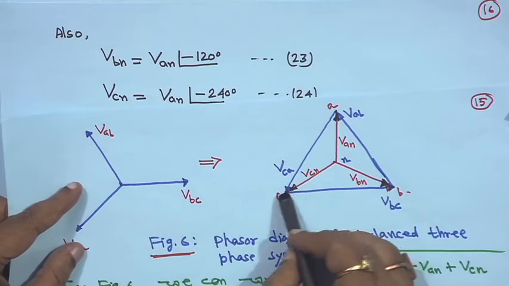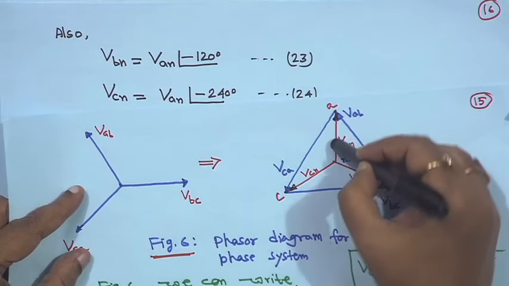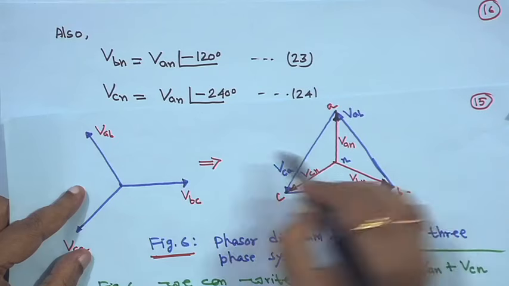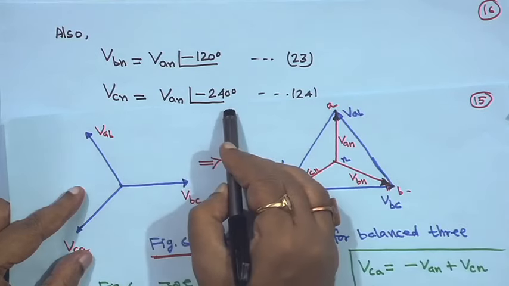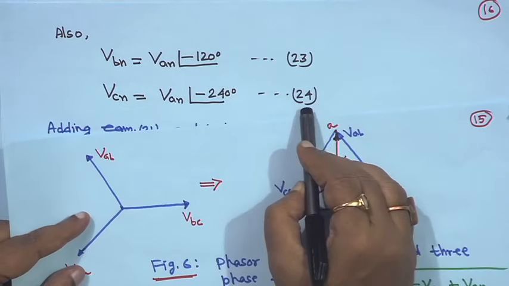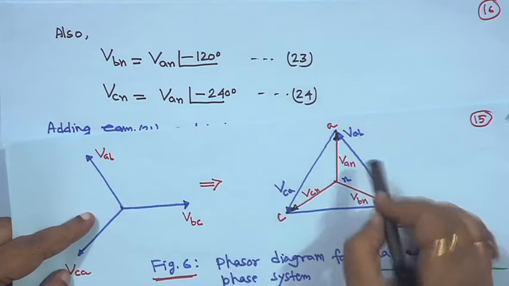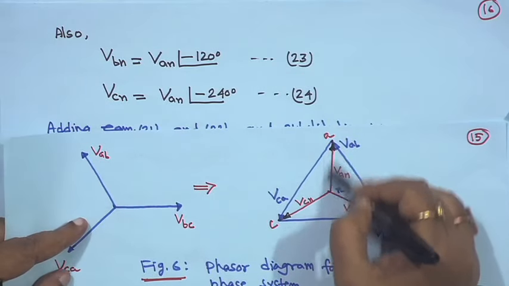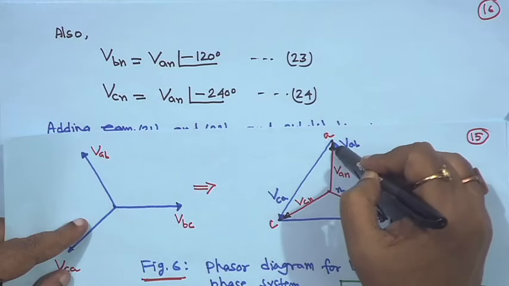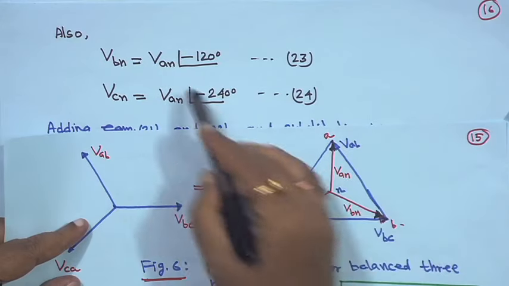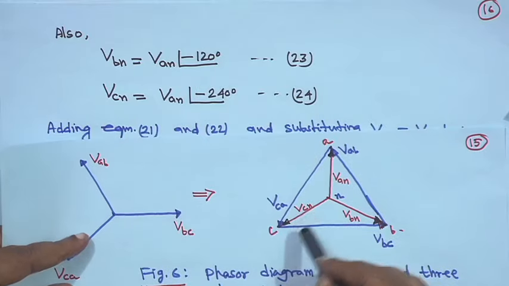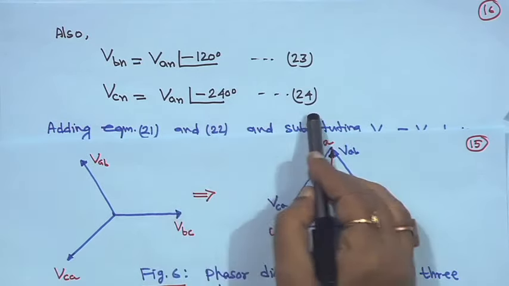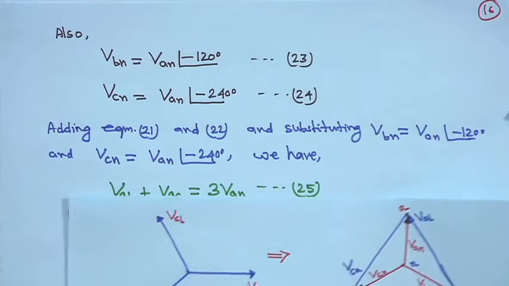Then VCN is equal to VAN; from here to here it is 240 degree, but lagging. So, VCN is equal to VAN angle minus 240 degree, this is equation 24. Hope there is no confusion, straightforward.